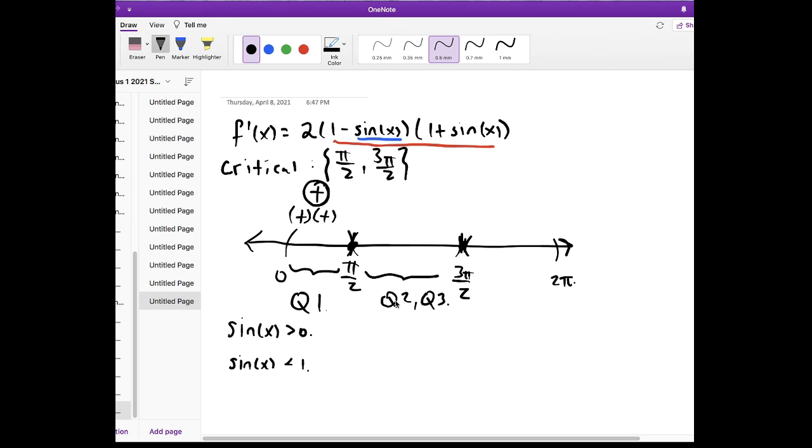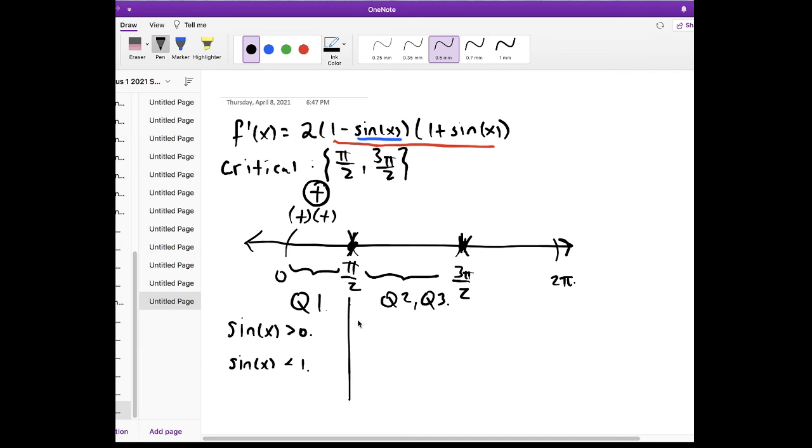So maybe it's best just to pick one. Pick a number that's good. What's a good number to plug in? What's the easiest number you can think of? It's a very nice value for sine in those quadrants.